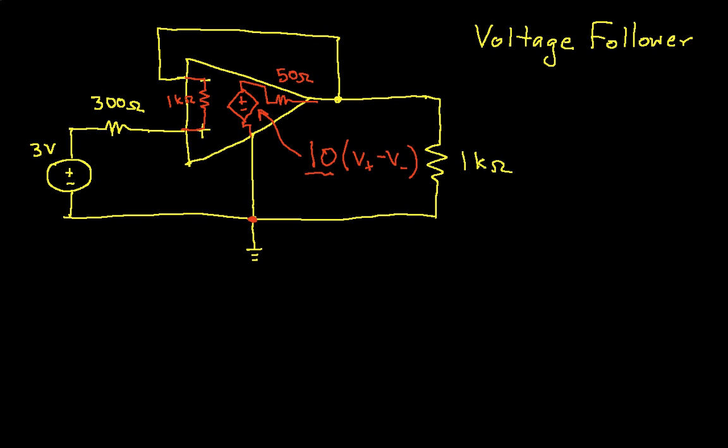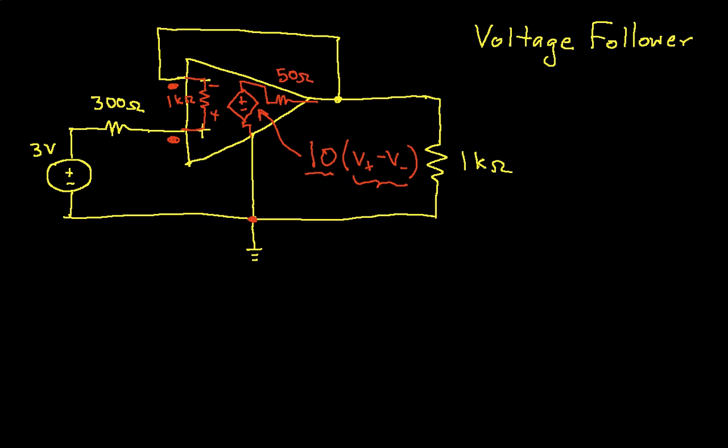But to make sure it's clear, I'm first going to label this term. The voltage across this 1 k ohm resistor is, in fact, V+ minus V-. It's the voltage at the non-inverting input here minus the voltage at the inverting input.